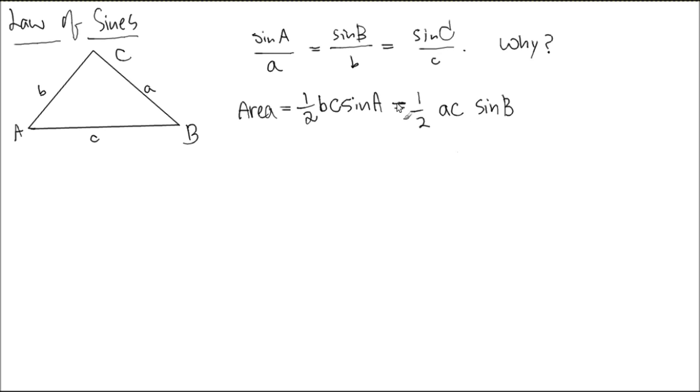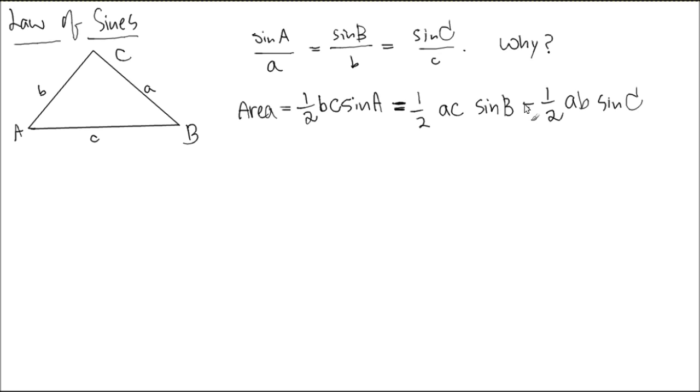Do you agree these two things are equal to each other? I'm not just telling you, I'm arguing these two quantities should be equal to each other. Why? Same triangle. The area must be the same, no matter how you look at it. So what is the third one? Vertex C gives you the two adjacent sides, AB, and sine C. Is that right?